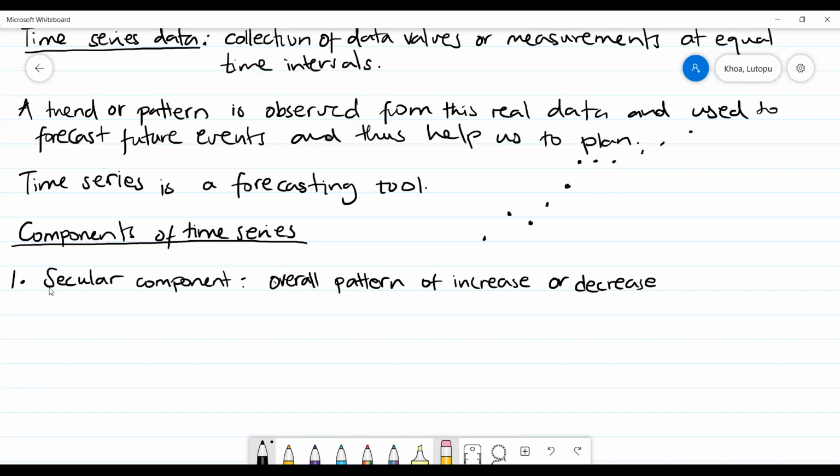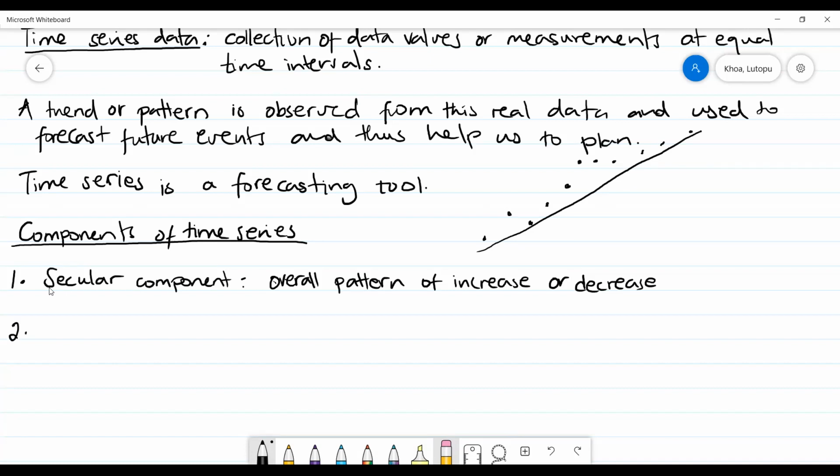Let's say this was the number of students enrolled over the years. Now you can see that even though at some points there is a decrease, overall the data is going up. So here you would say that there is an upward trend, that the number of students is increasing every year. Okay, so that is our first component, the circular component.